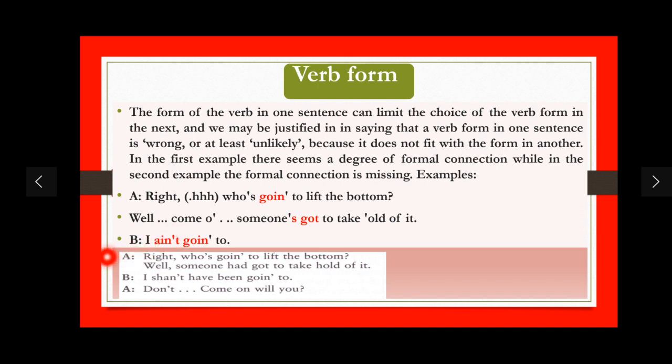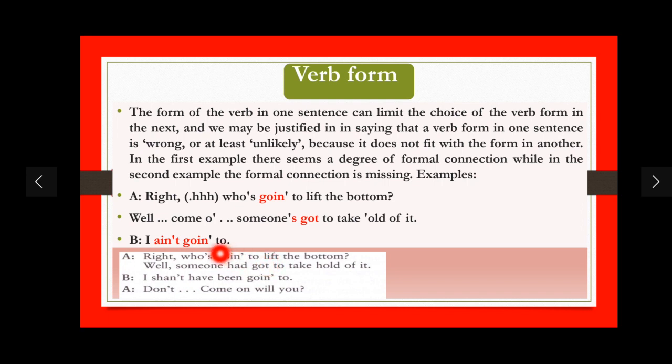In this example, here's the problem. For example, A says, "Right, who is going to lift the bottom? While someone had got to take hold of it." You can see that in the first sentence, "who is going" is present tense. In the second sentence, "someone had got to take hold of it" is past tense.